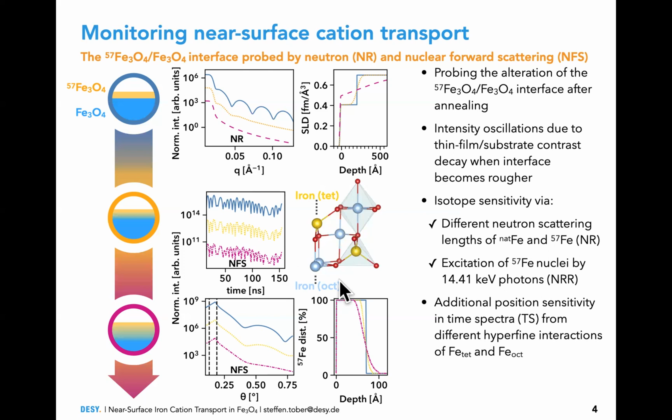So we can get distribution profiles for each site in the crystal, and therefore try to observe where the diffusion takes place in the crystalline lattice or in the crystal structure. And if these time spectra are integrated over time and measured over a large angular range, we again get a reflectivity curve, which gives us the depth sensitivity.